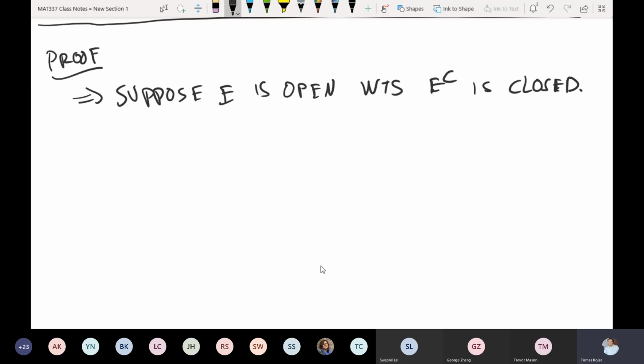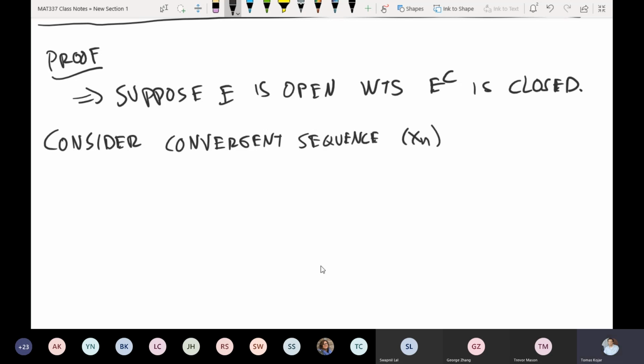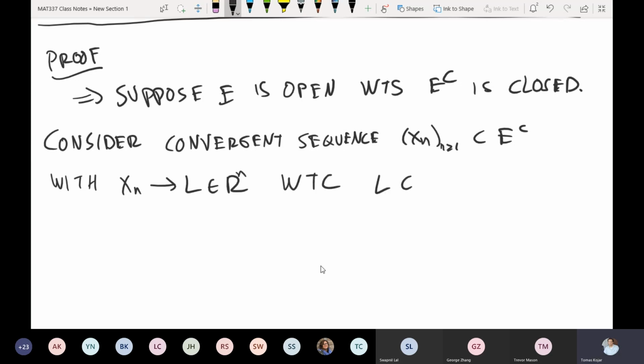Okay, so by definition, consider a convergent sequence, Xn, inside E complement with Xn going to L in R. Want to show L is in E complement.